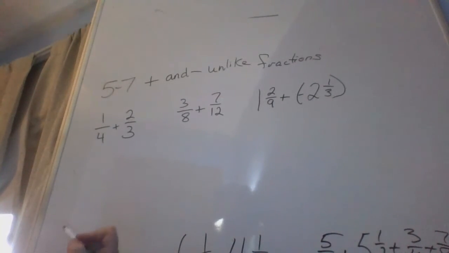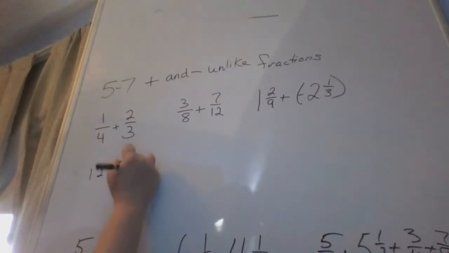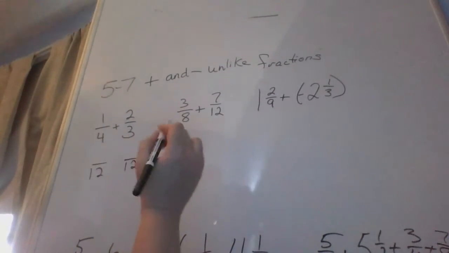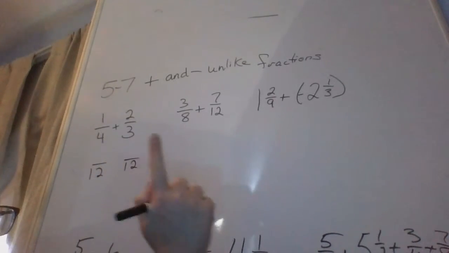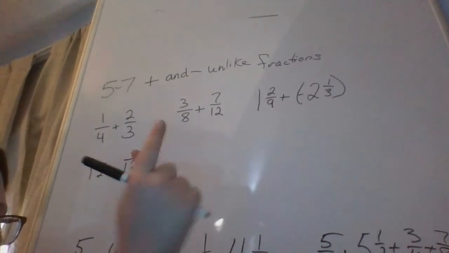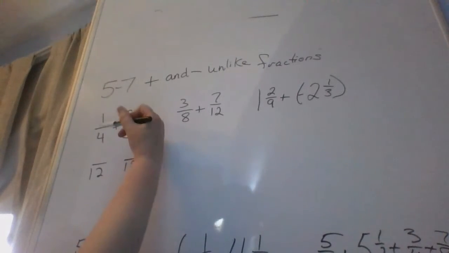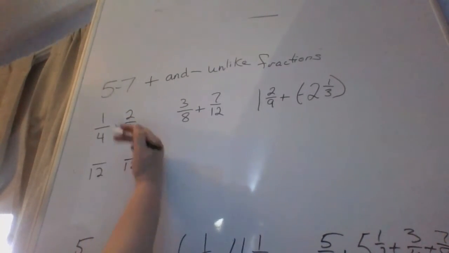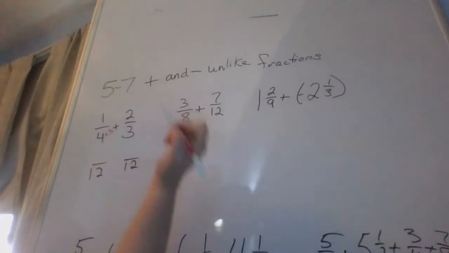So what you need to remember next, we know our new denominator is going to be 12. Within one fraction, you need to multiply the numerator, the top number, and the denominator, the bottom number, by the same thing. So you think about what do I multiply 4 times to get 12? Well, I multiply it times 3. So we're going to put times 3.